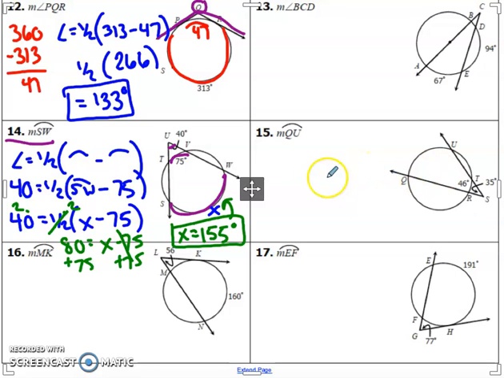So it's a little bit trickier if they give you an angle measurement and you are finding an arc, because you have to work backwards and not just type it in the formula. So let's do one more together, get the hang of it. This one wants me to find QU, which is this arc, and I know this arc, and I know this angle.